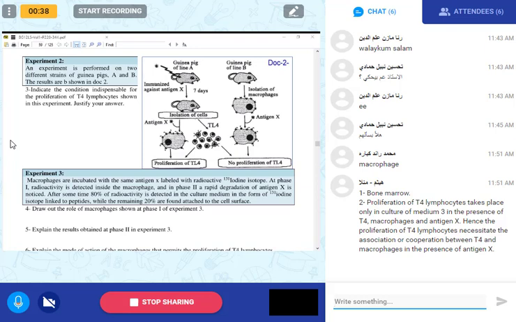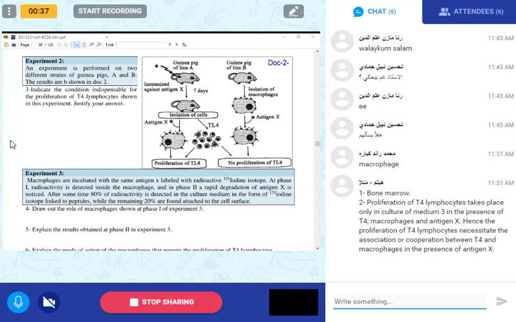Okay, cells T4 و antigen X. antigen X was given. لا استاذ نحن عملنا isolation of cells بعدين أخذنا منه antigen X وعطينا T4. Okay, صار عنا proliferation. طيب.